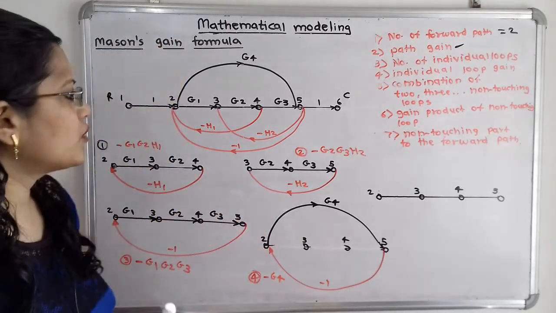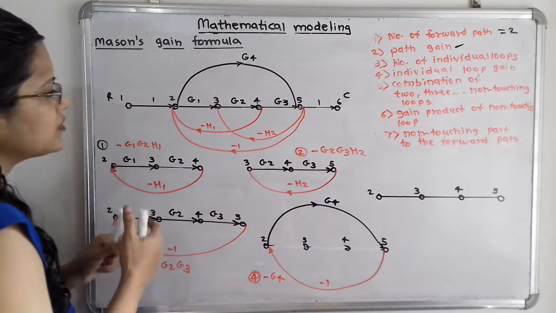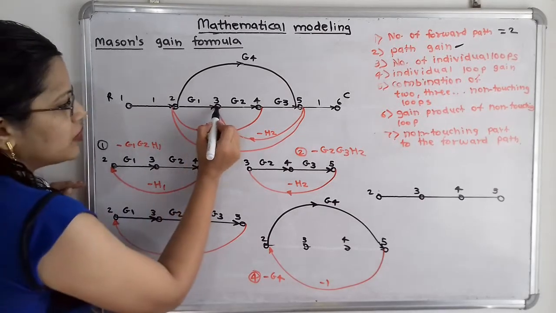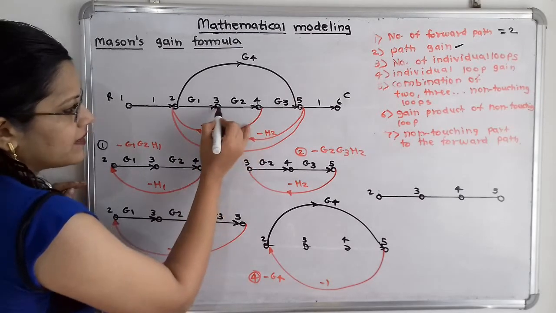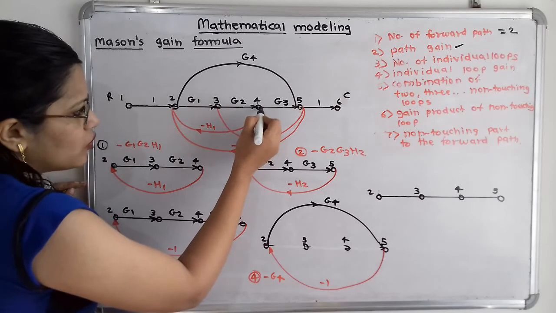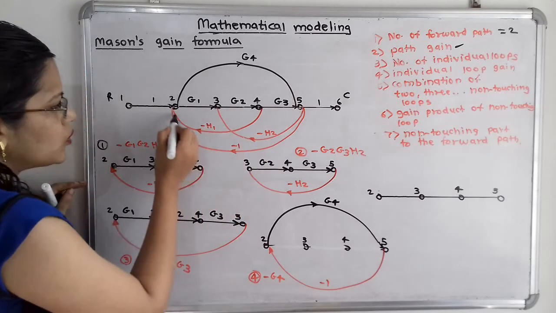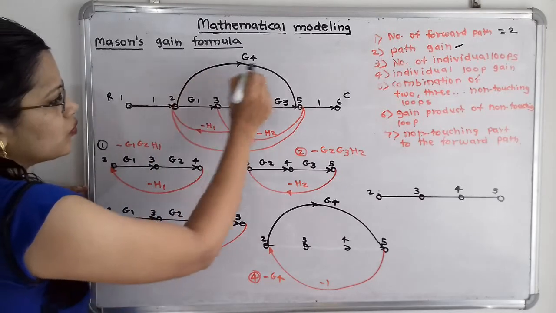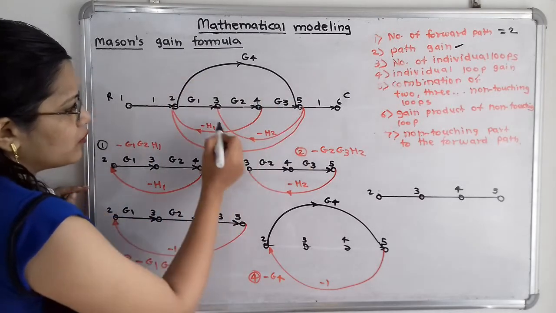Now again if we observe, from node 3 to 4 there is the forward path, then from node 4 to 2 a feedback path, then 2 to 5, and again 5 to 3.